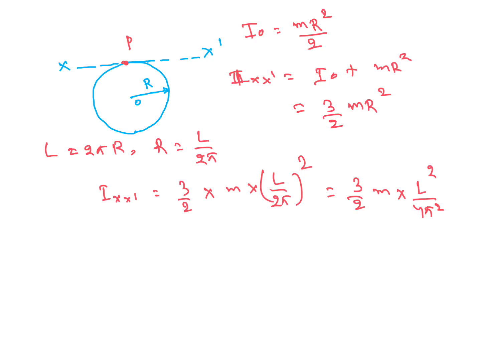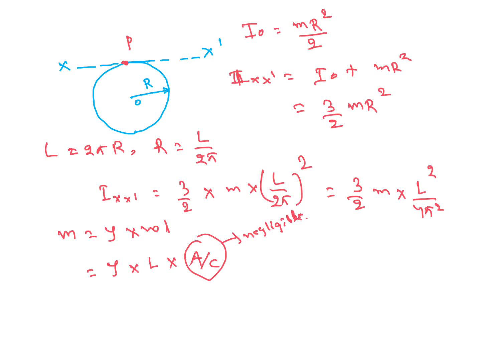And one more thing we know, mass equal to density into volume. So here rho into L is length and area of cross section. Area of cross section is negligible. It's thin, so it's negligible. So m is rho into L. Here we'll put L value.